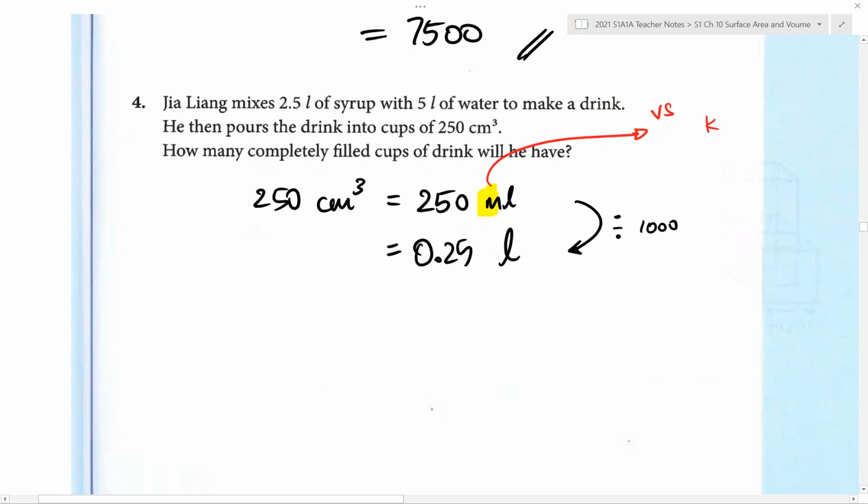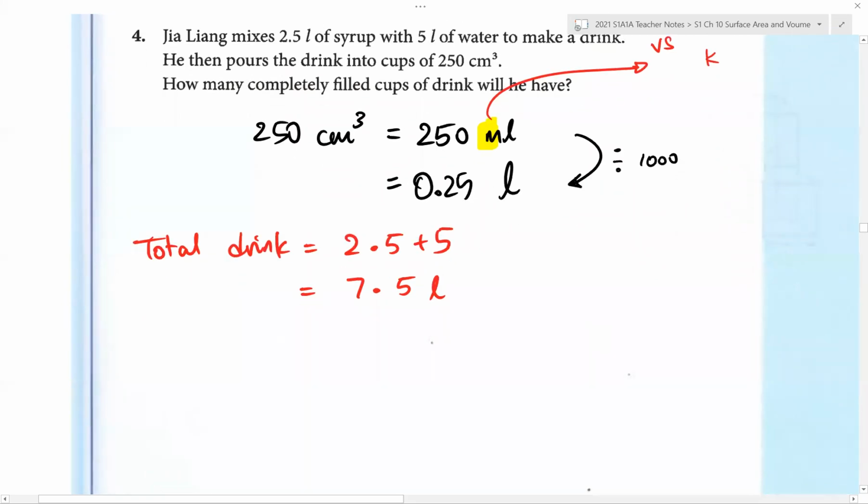So what do we do with them? Plus, okay, Shabil, we did it already. So total drink equals 2.5 plus 5. So you get 7.5 liters. That's the total amount of drinks. So what happens after you get 7.5 liters and you have little cups that are 0.25 liters each?